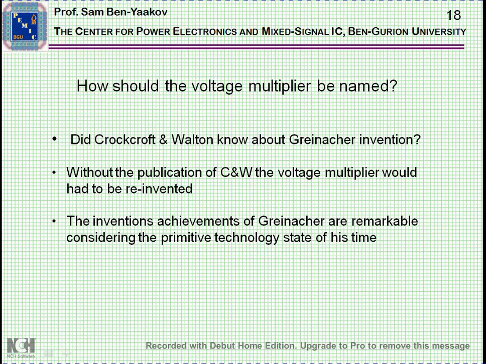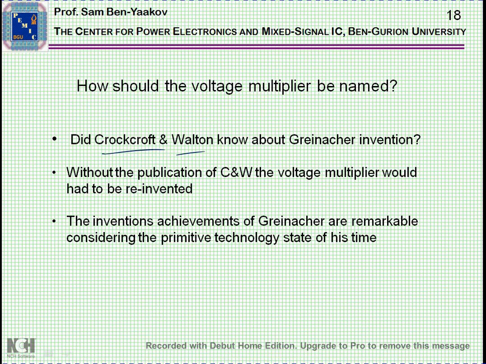Well, a key point is whether Cockcroft and Walton knew about the circuit that Greinacher invented. Probably not. He published it in an obscure publication in Germany, I guess, and nobody really knew about it.